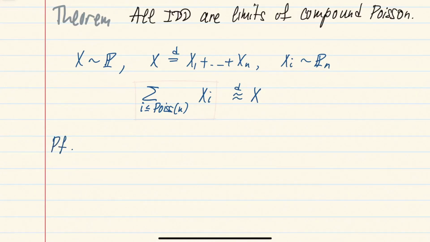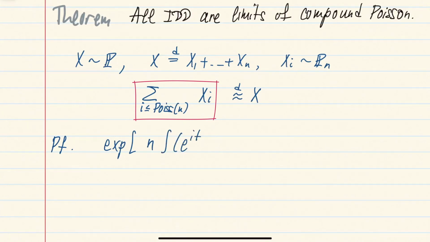Okay, and to prove this, we can simply start with the characteristic function of this sum on the left-hand side, which by the formula that we just proved above will be exponential. You have to take the mean of the Poisson, here it's n, and then you integrate e to the itx minus 1 with respect to the distribution of xi's, which is Pn.